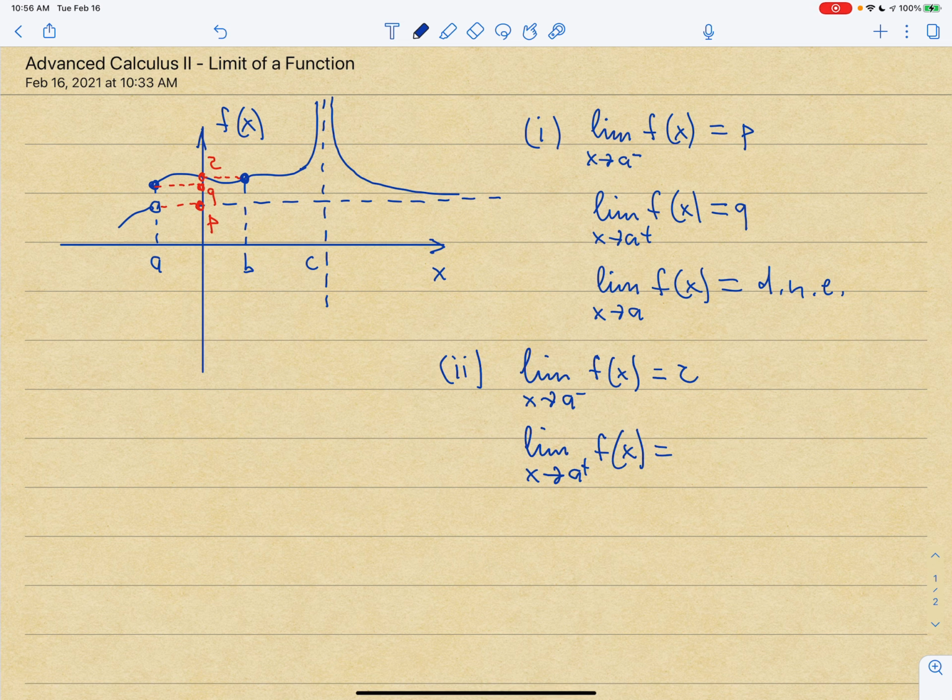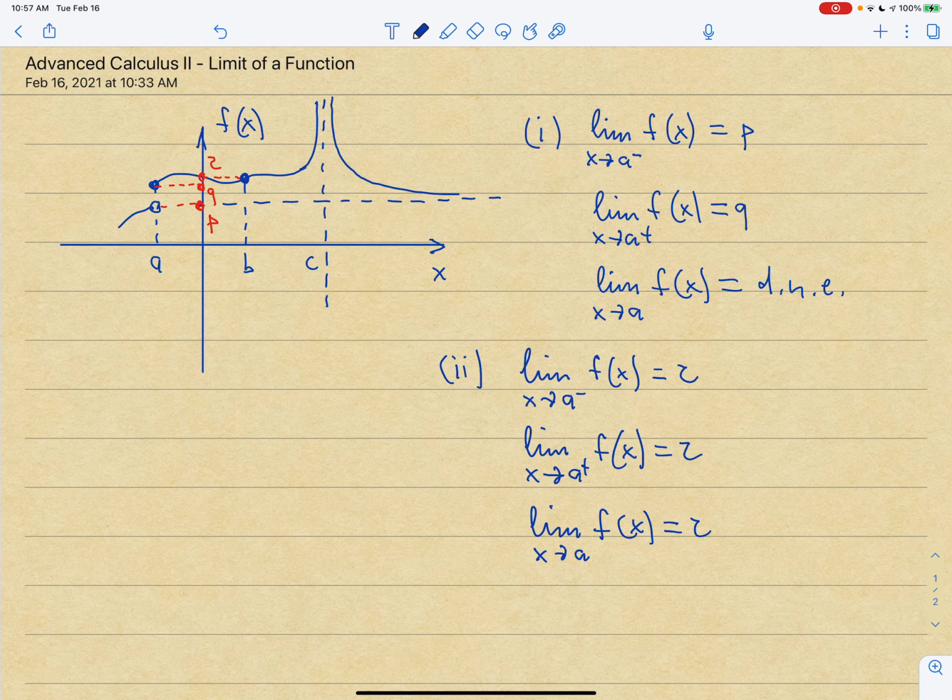Same deal, right? Because if x is close to B from either side, then if we look at values of f of x, they get closer and closer to R. So this limit from the right is equal to R. And likewise, the limit as x goes to B of f of x is equal to R, because the limit from the right and the limit from the left are the same.